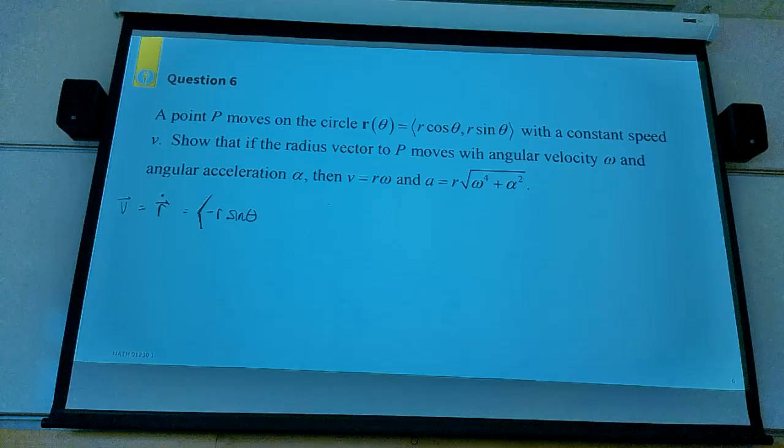It's like you're missing something now. Theta is a function of time, isn't it?